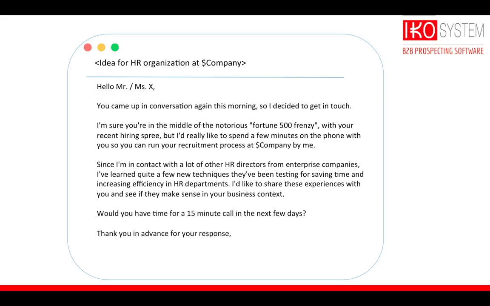I can read it together. Subject line, idea for HR organization at company. So, hello, Mr. and Ms. X. You came up in conversation again this morning, so I decided to get in touch. I'm sure you're in the middle of the notorious Fortune 500 frenzy with your recent hiring spree, but I'd really like to spend a few minutes on the phone with you so you can run your recruitment process at company by me.